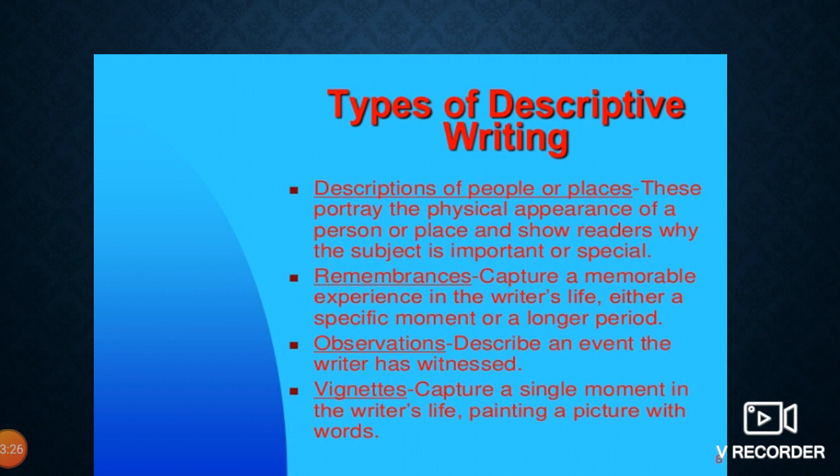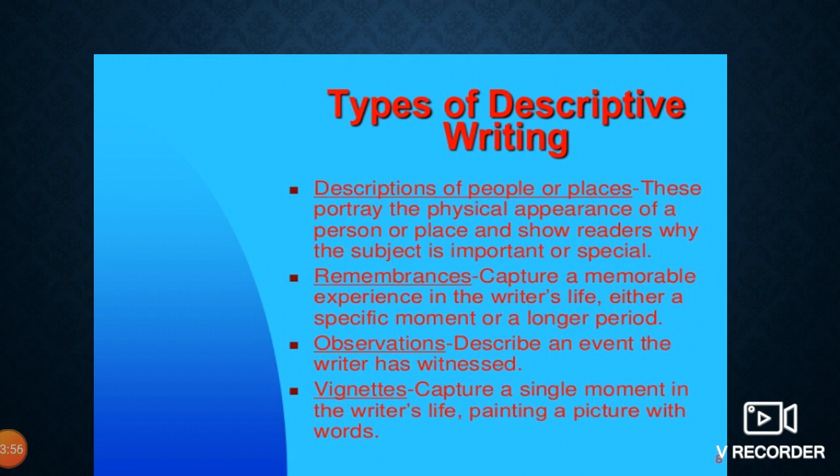So, capture a single moment in a writer's life, painting a picture with words. So, you have to think and imagine all the memories, and through the senses, you have to describe your picture in your words with the help of words. That will be included in the descriptive essay.